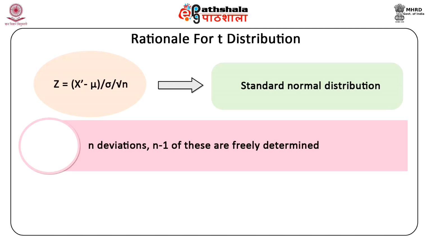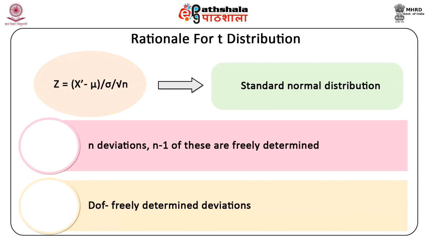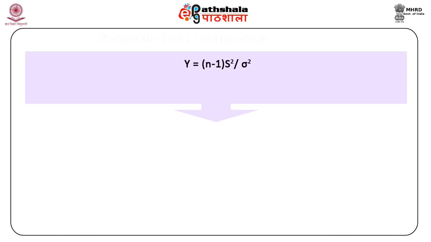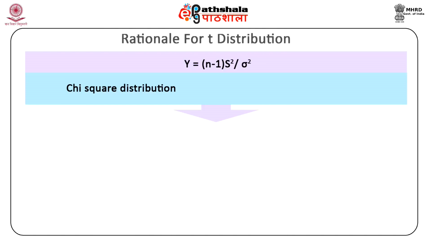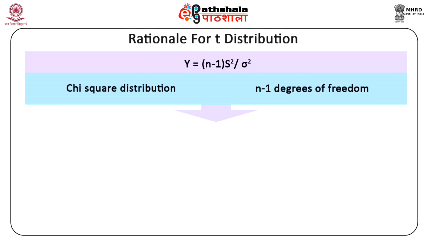The number of degrees of freedom for a t variable is the number of freely determined deviations on which the estimated standard deviation in the denominator of t statistic is based. Y is equal to n minus 1 s square upon sigma square has chi-square distribution with n minus 1 degrees of freedom, and x prime and s square are independent.